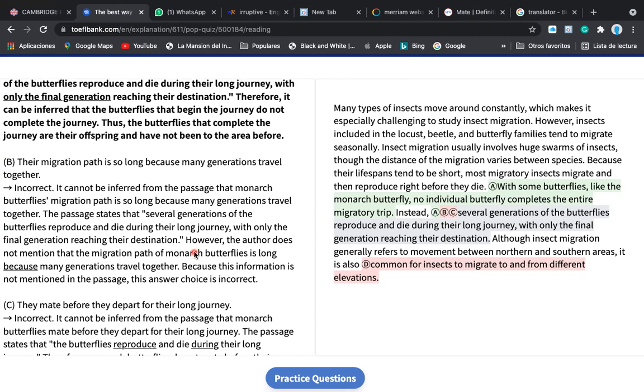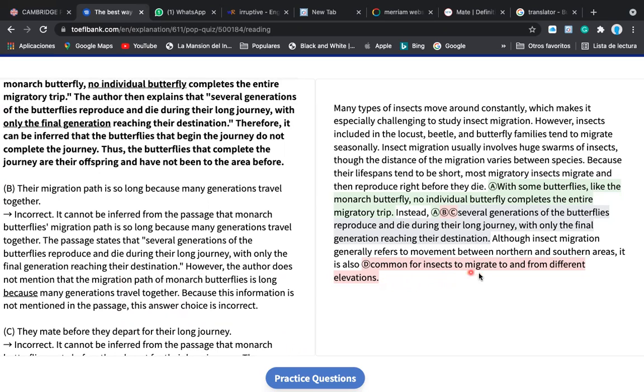However, the author does not mention that the migration path of monarch butterflies is so long because many generations travel together. Because this information is not mentioned in the passage, this answer choice is incorrect.